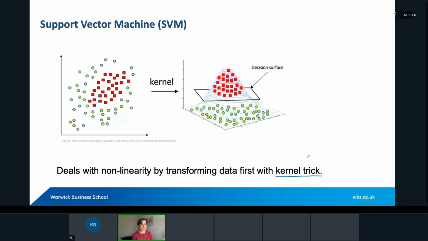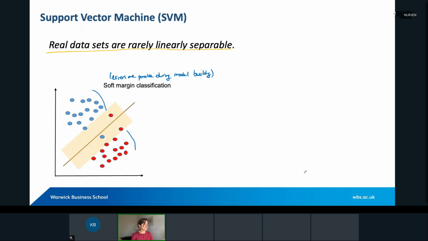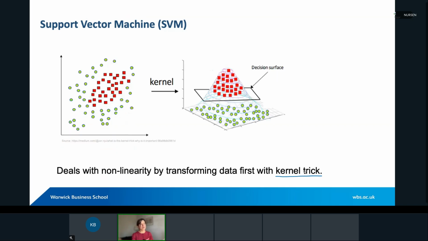We can select the kernel as a decision analyst. You can decide whether you are going to build a linear SVM, which uses a decision boundary like this one, or whether you are going to use the kernel trick to transform it to a higher dimension and search for the separation in that dimension.